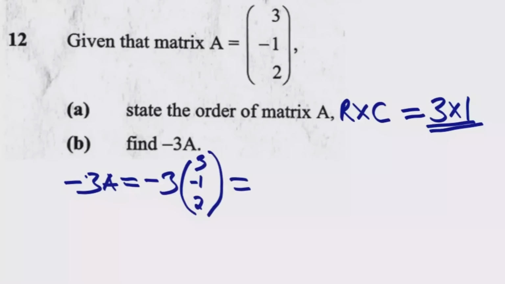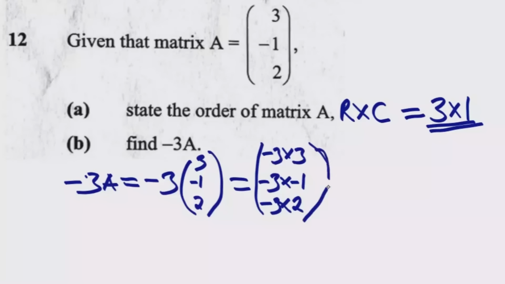We multiply every element in this matrix by negative 3. So we have negative 3 by 3, then negative 3 by negative 1, then negative 3 by 2. We close the bracket like that.